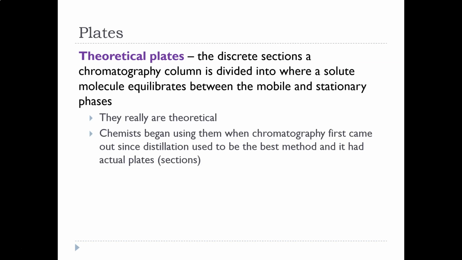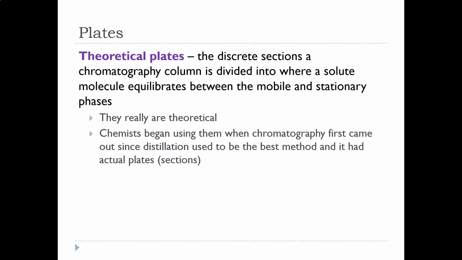So if from top to bottom, the sample interacts with the stationary phase and the mobile phase 1,000,000 times, then that would mean 1,000,000 plates. The column is the thing that we're talking about, where the stationary phase is. So these really are theoretical. There's not a specific number. We can't count the number of equilibrium things, but they defined columns based on the number of plates.